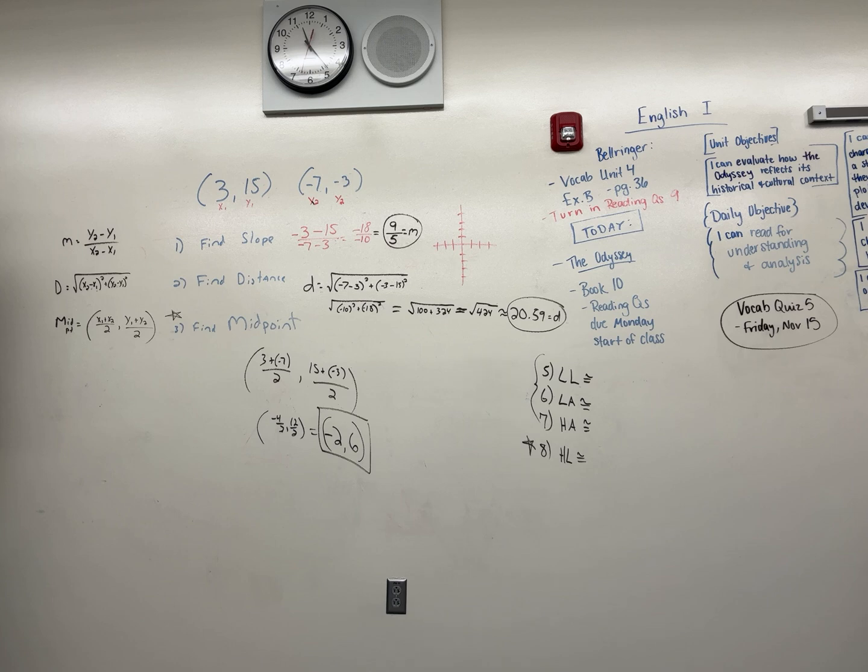Segment DE has to be congruent to segment IJ. Number 18, you have two options. Segment FE is congruent to segment VE, or segment DF has to be congruent to TV.